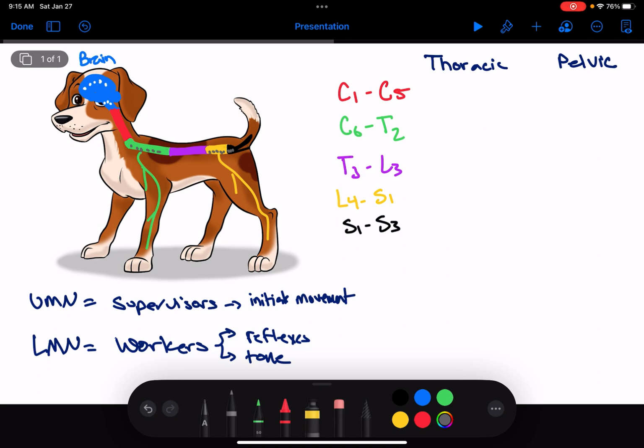So a good thing to remember is that these upper motor neurons are telling the workers what to do. They're often telling the workers, hey, don't create too much reflexes and tone because we don't want an over surplus. And so this is a great way to remember that the cerebrum as a whole, our upper motor neurons, provide inhibitory signal down to the lower motor neurons.